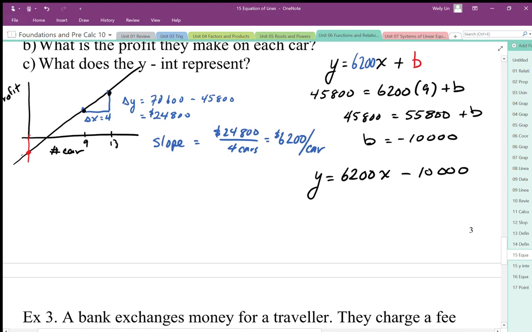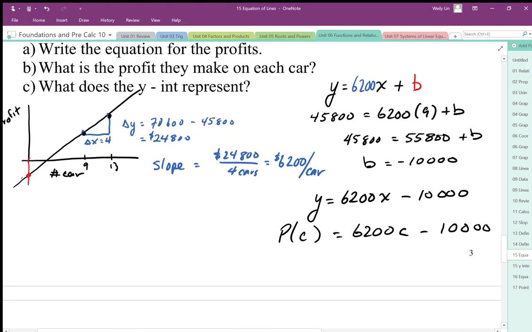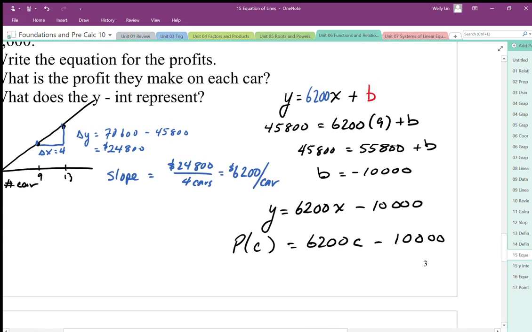And I'm going to write this in function notation now. So my profit as a function of cars is equal to $6,200 times the number of cars, minus my initial cost of $10,000. So what is the profit that they make per car?